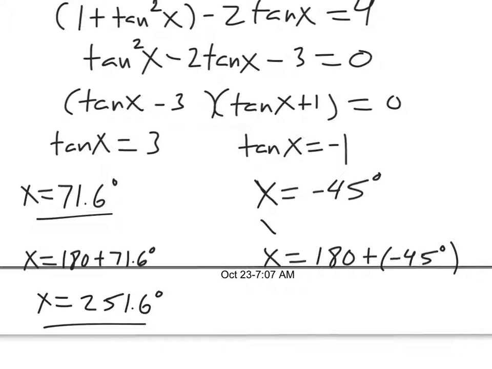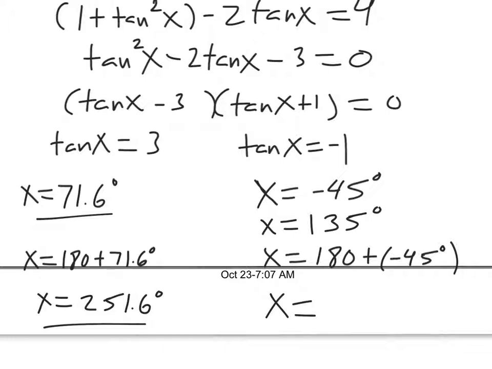Here, it kind of seems like the two possibilities are really leading to the same case again. If I add 180 here, I get 135, right? Which is a solution that I want.